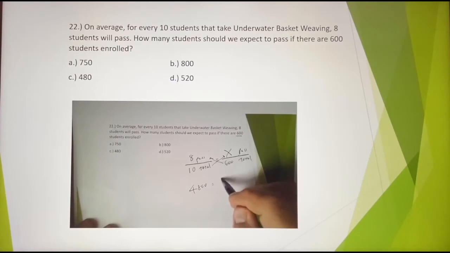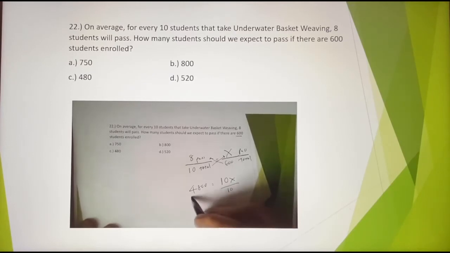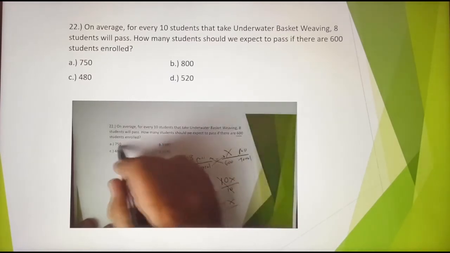And then on this side, we have 10 times X. We want to get the X, which is the number expected to pass, by itself. We're going to divide both sides by 10. So on this side we have X, and if you're just dividing by 10, you can just knock a 0 off. So we have 480. 480 is C.